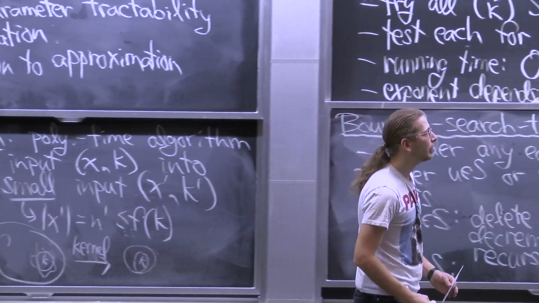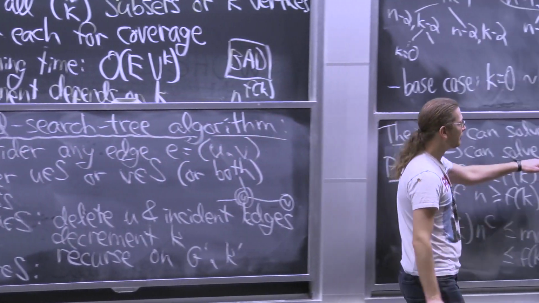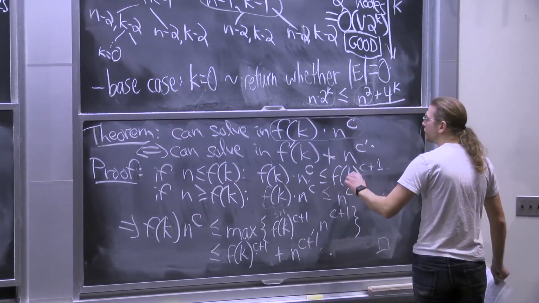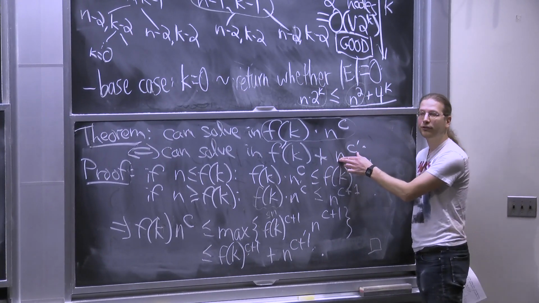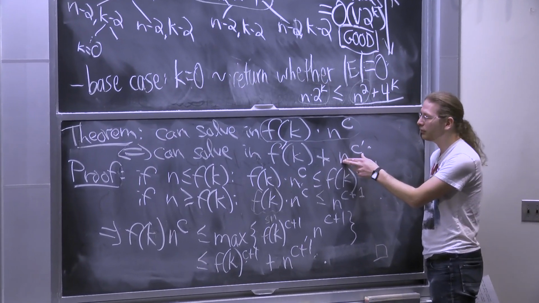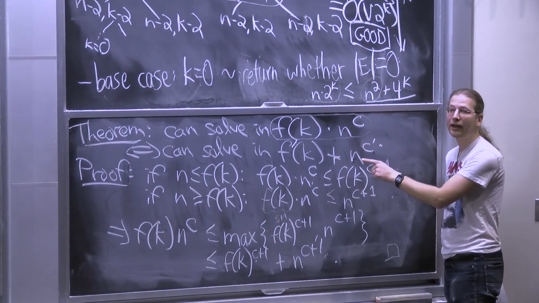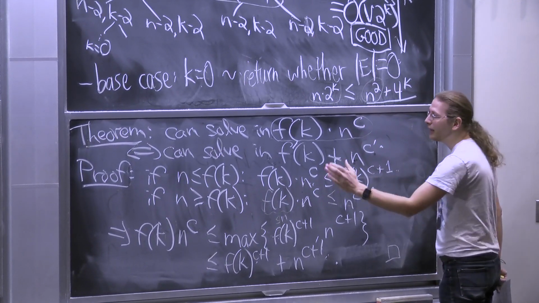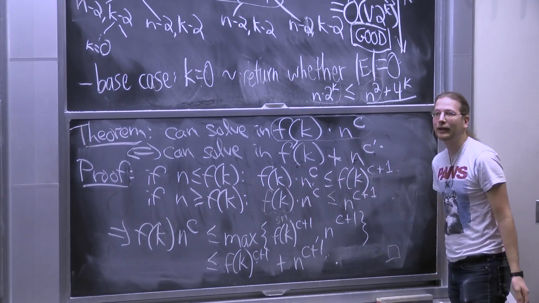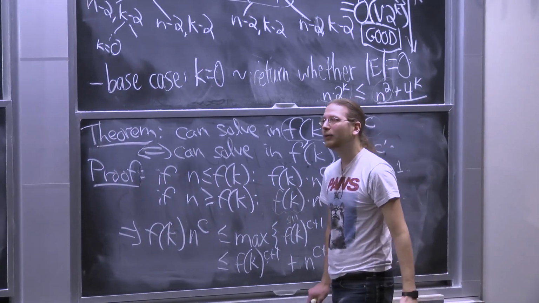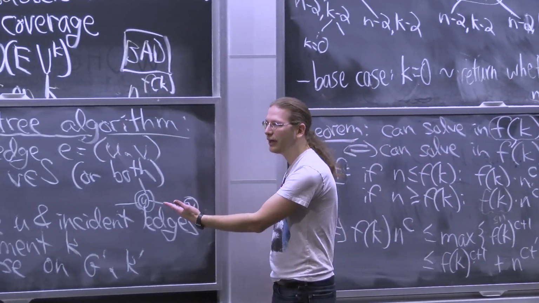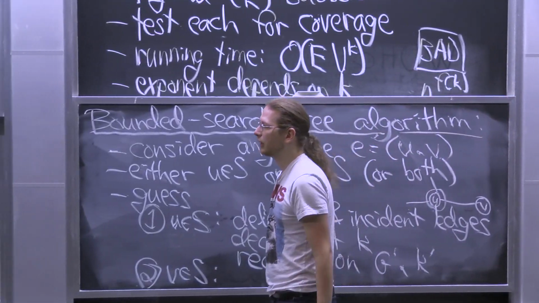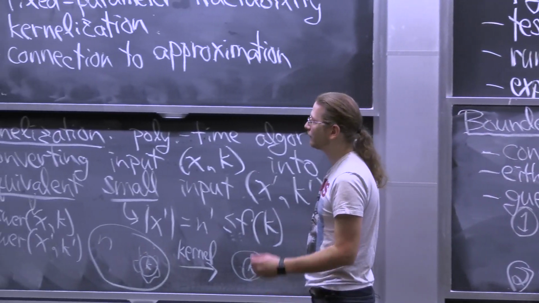And indeed, the FPT would mimic this kind of running time. We do a polynomial amount of preprocessing. That's the kernelization procedure. That's the only dependence on n. After we've done that, the new problem is entirely a function of k. And then you apply any algorithm to that, you'll get an f of k running time. Now, if we want a good f of k, we should use the best algorithm we have. But in general, you could use anything.